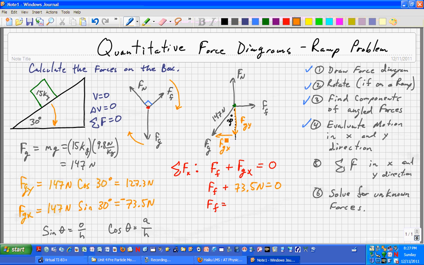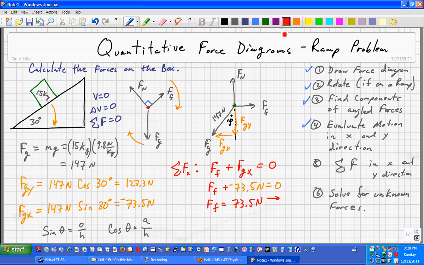Because my arrow is pointed in the negative direction. So that's a negative, and my force of friction would wind up being 73.5 newtons to the right. And because it's positive, it should agree with my force of friction in my diagram, and it does. It's always a nice little spot check. I actually did that a little earlier, and that's how I knew I lost a negative sign there.